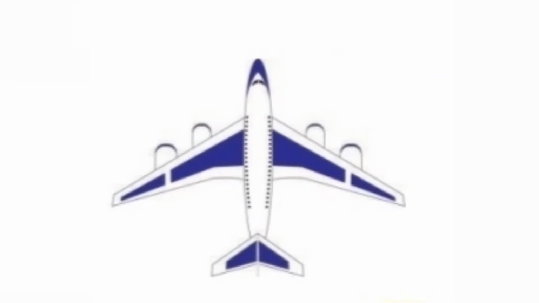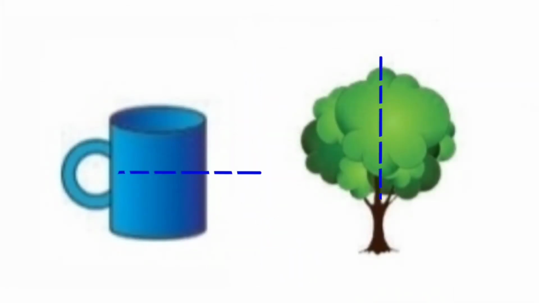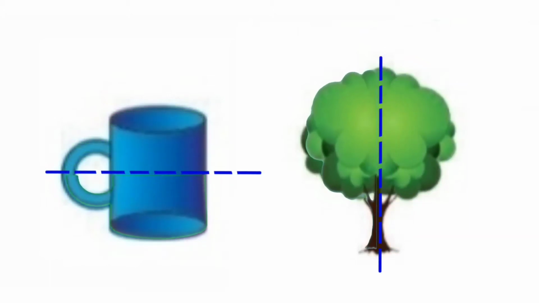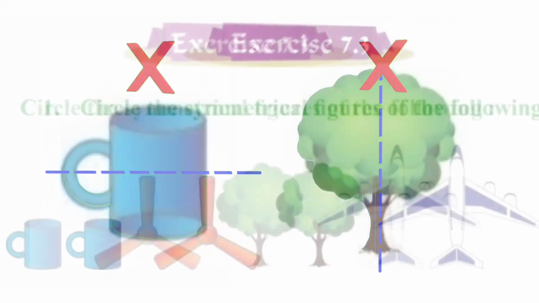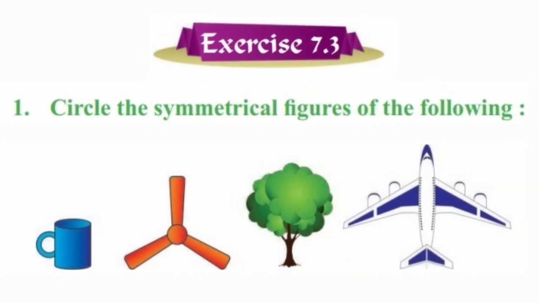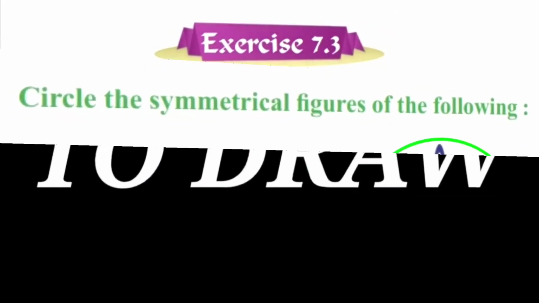And similarly, when we divide the aeroplane into two parts with a vertical line, we can see that both parts are reflection of each other. But students, when we try to divide the cup and the tree, we find that both parts are not the reflection of each other. Therefore, out of these 4 figures, fan and aeroplane are symmetrical shapes. So, we'll encircle these two.